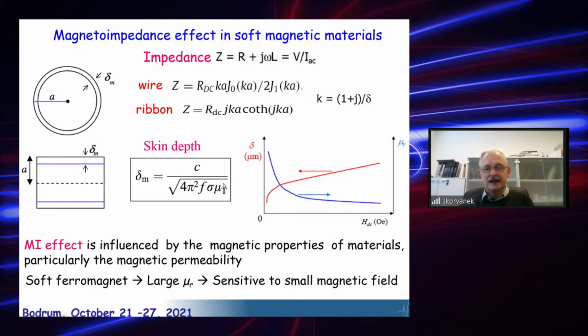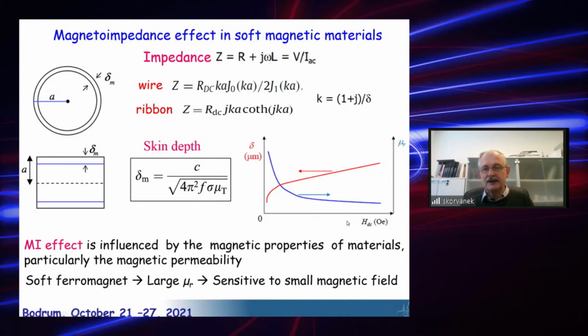So for soft magnetic materials with high permeability, this effect could be observed at lower frequencies than for materials with low permeabilities. And actually, the role of the static magnetic field is to modify the value of permeability.